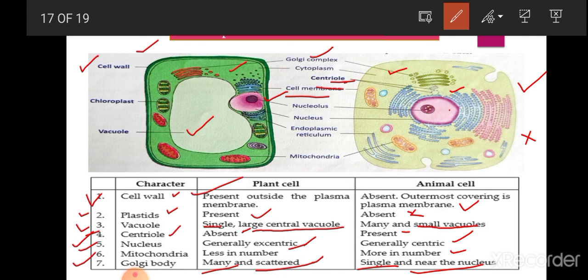Centriole is absent in plant cells, and is found in animal cells only. Nucleus is generally eccentric, means it is present at the periphery of the plant cell, whereas it is centrally located in the animal cell. In plant cells, fewer mitochondria are found, whereas they are more in number in animal cells. And Golgi bodies are many and scattered in plant cells, whereas in animal cells they are single and near the nucleus.